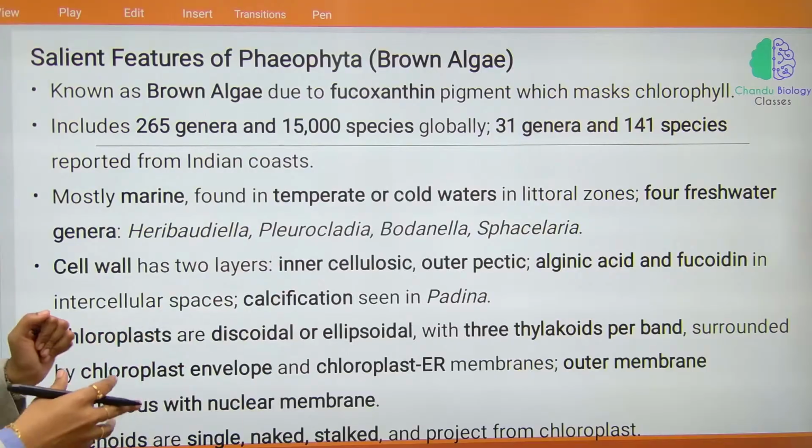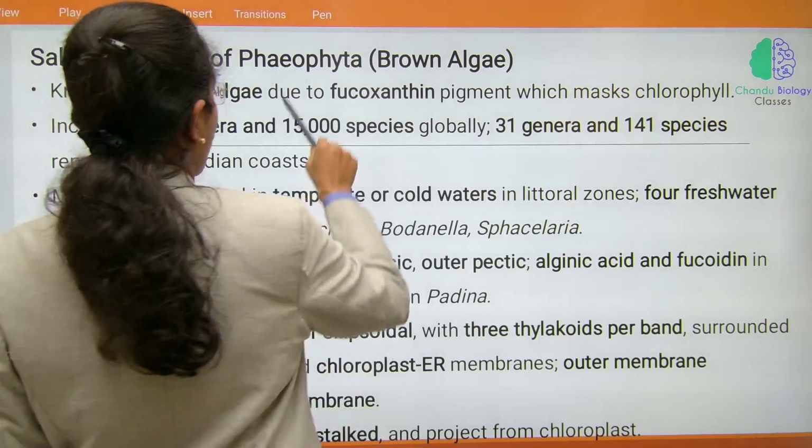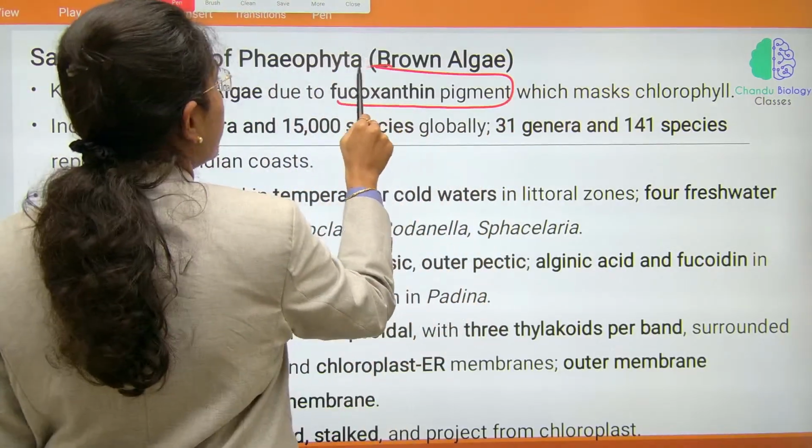Phaeophyceae and Rhodophyceae. First, looking at salient features of Phaeophyceae, the brown algae. This Phaeophycean member is also known as brown algae. This is due to what pigment? Fucoxanthin pigment.